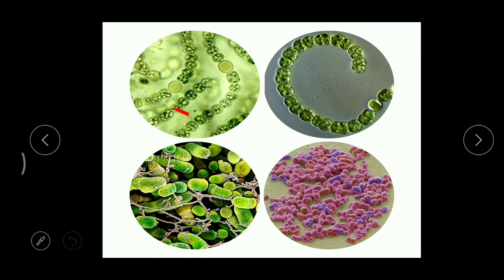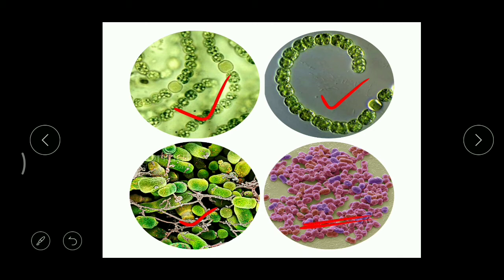This is Nostoc and Anabaena. This is Rhizobium. Where can you find this Rhizobium? In leguminous plants like beans, then grams. Grams means pulses, all the types of pulses, and then groundnut like this. And this is another one, Azotobacter.